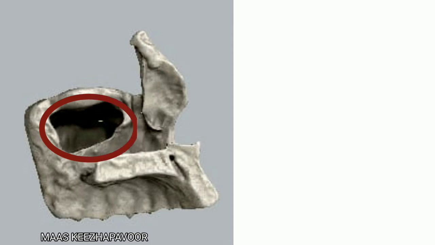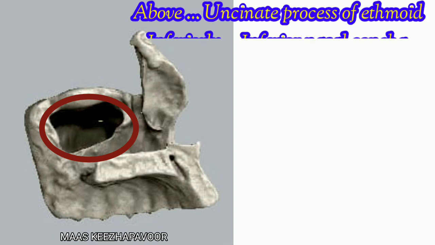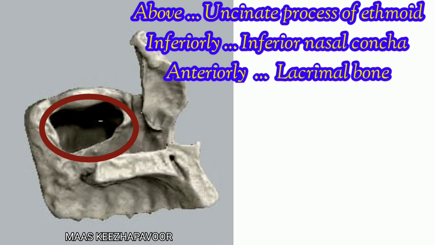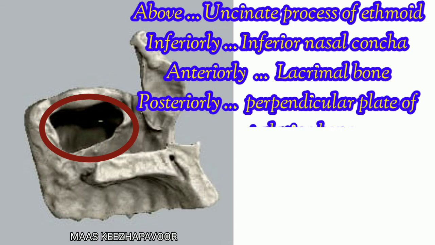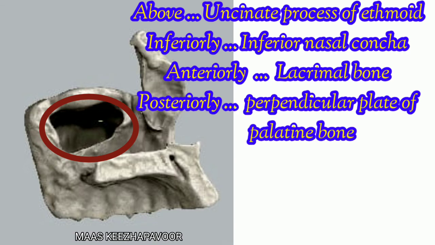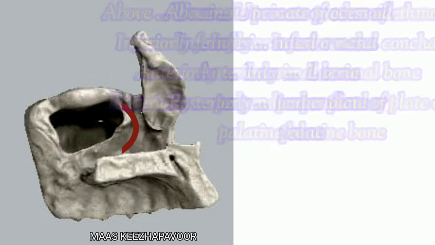This opening is reduced in size in the articulated skull by four bones: from above, the uncinate process of the ethmoid; inferiorly, the inferior nasal concha; anteriorly, the lacrimal bone; posteriorly, the perpendicular plate of the palatine bone. There are two grooves in this surface.